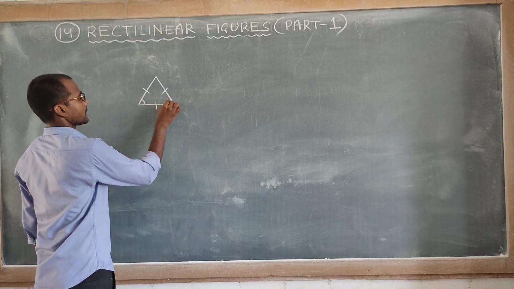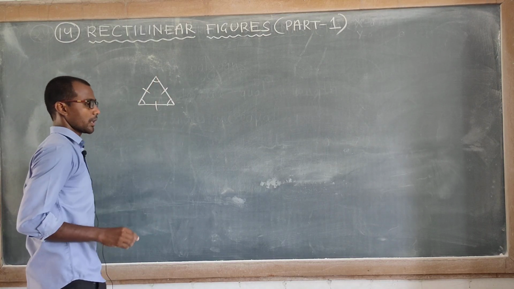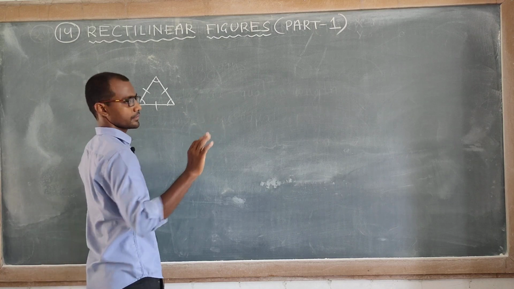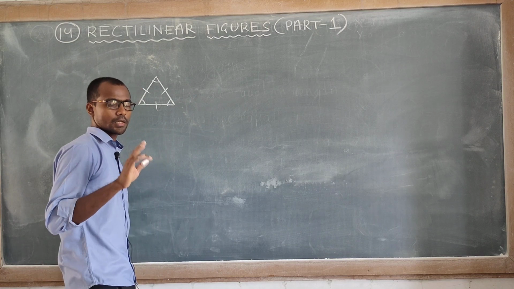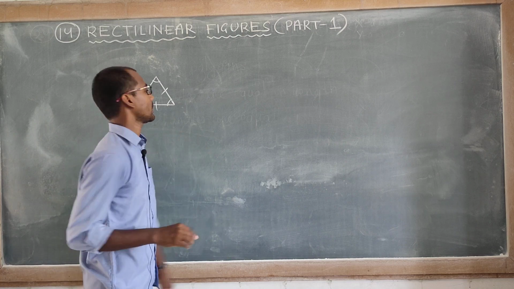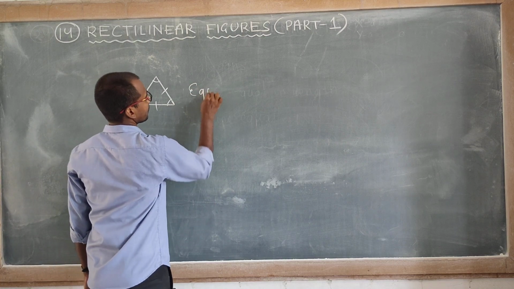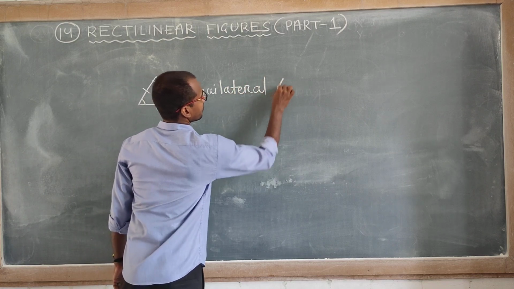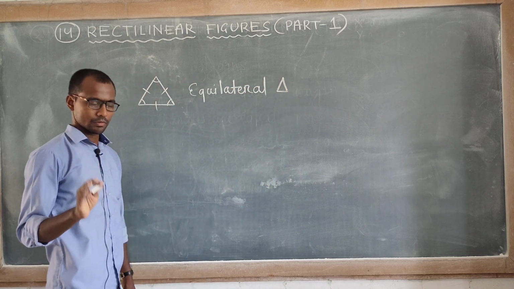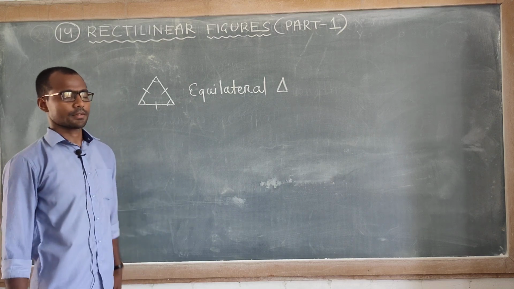So a regular polygon having three sides is an equilateral triangle.